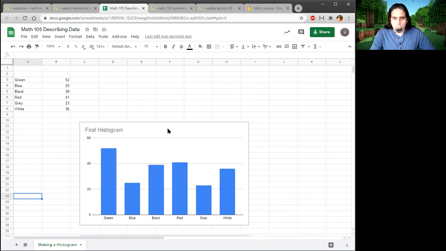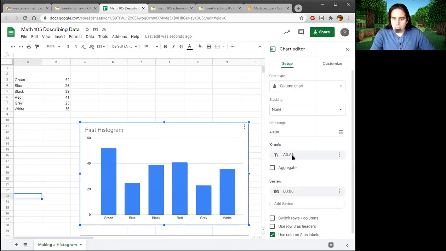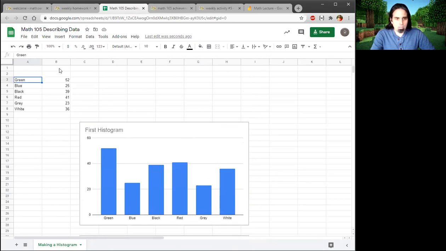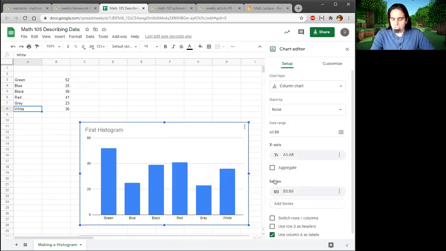If I was to look at the options, then I can see where is the data range for this chart. It's A3 to A8. So A3, A and 3, and A8. So that's my words. And then the series, the numbers, is B3 to B8.